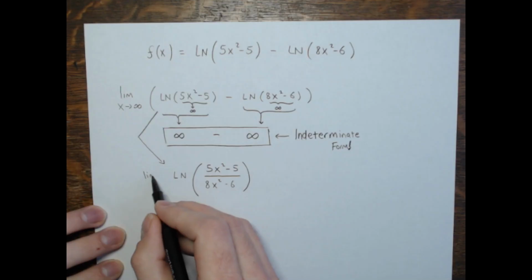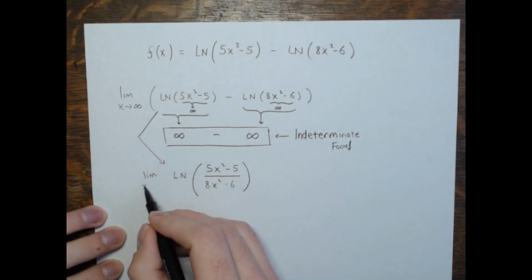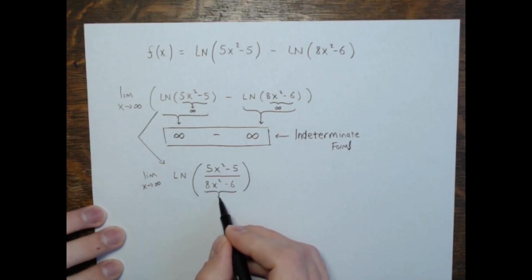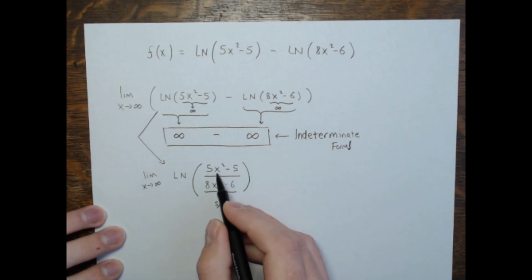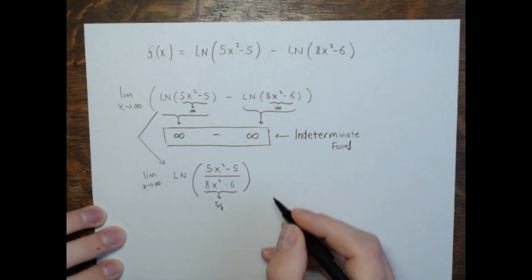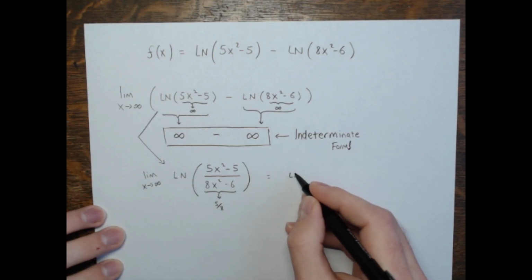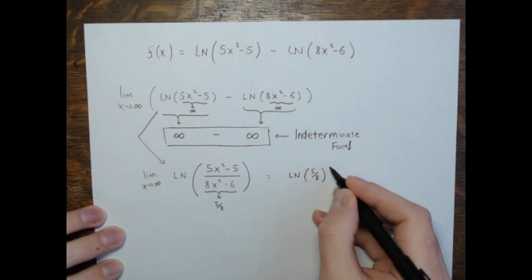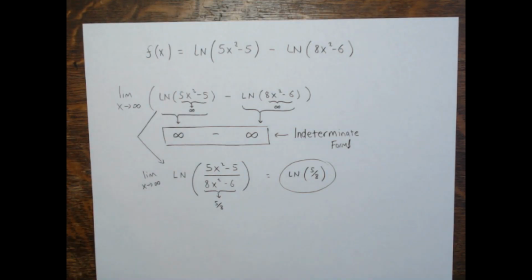And now, if I look at it this way, when x approaches infinity, this expression in here would approach 5/8, right? Just look at the lead terms of these polynomials. The x squareds would cancel, and this would be approaching 5/8. So now I see my limit is whatever the natural log of 5/8 is. That's the limit.